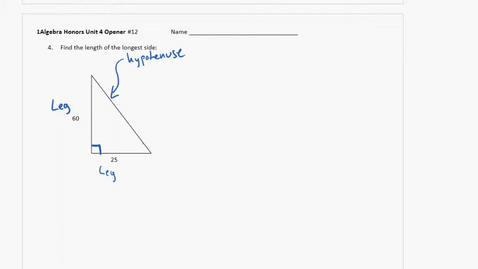And there is a very nice rule about right triangles that's been around for a long time. It's called the Pythagorean theorem. And it says that if you take one of the legs and you square it, and you take the length of another one of the legs and you square that, so first leg, second leg, you will always get the length of the hypotenuse squared.